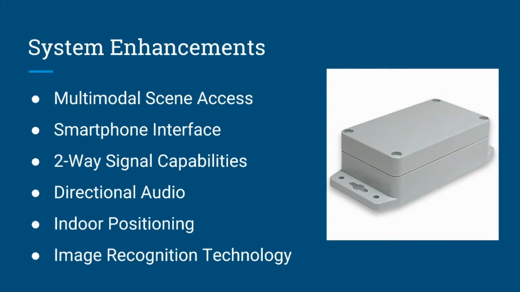So how that'll work is the user will press a button on the phone, which will activate a subtle yet effective audio tone to orient the user in the direction of whichever beacon they requested the directional audio from. Having multiple beacons will also allow us to use indoor positioning techniques to orient the user for directional purposes. We will be able to accomplish this using a system known as dead reckoning that triangulates the position, and we'll be talking more about that later.